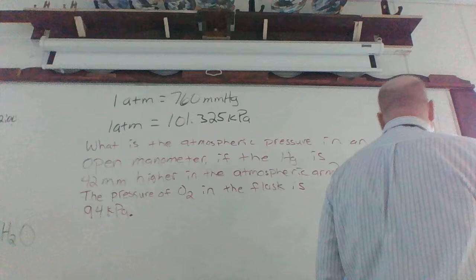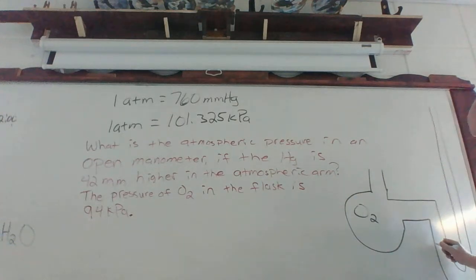For instance, this is one where the mercury starts to move up and down in this column, and then here's the other end of it. And this is mercury inside of this J tube here.